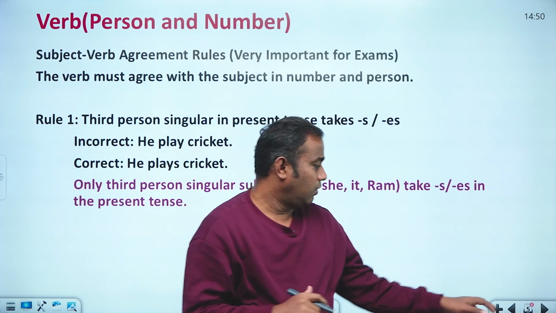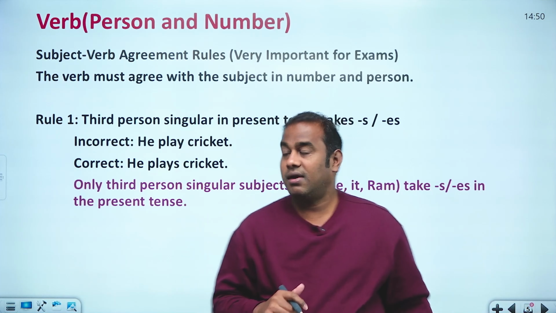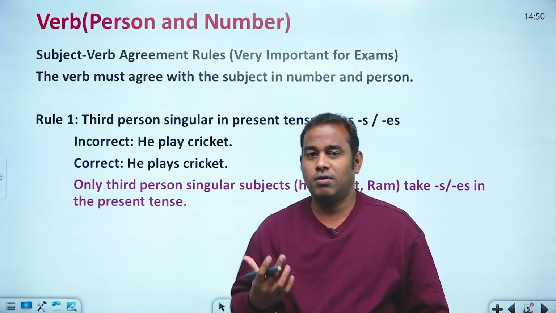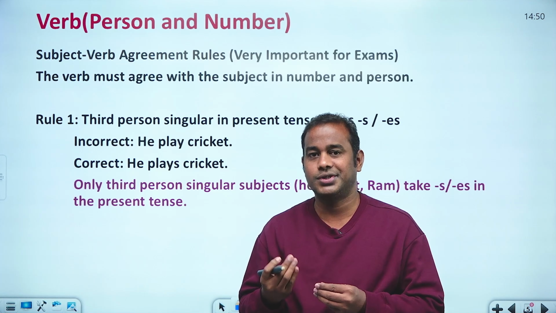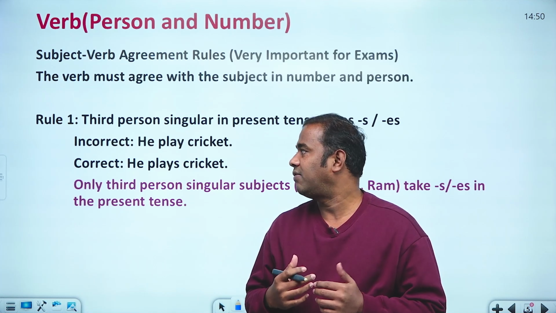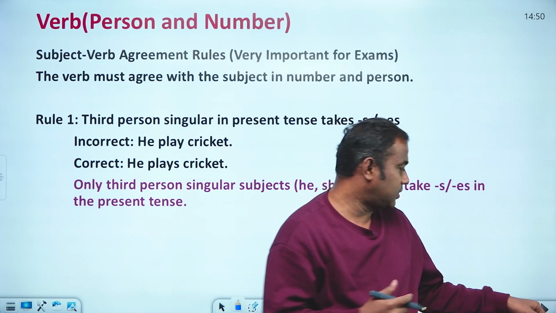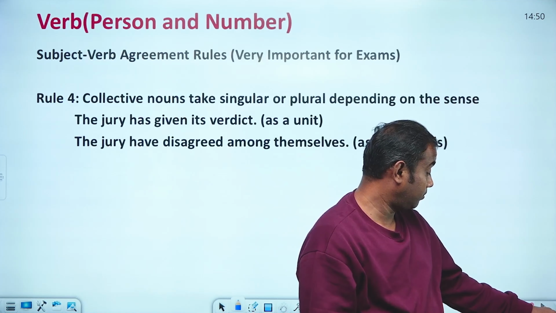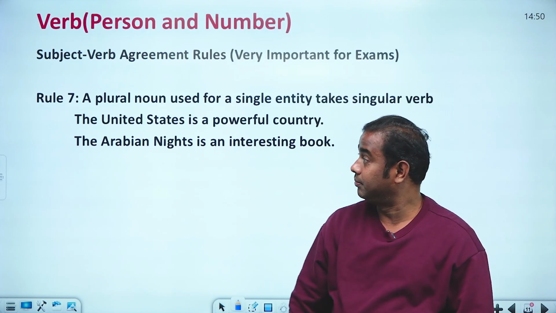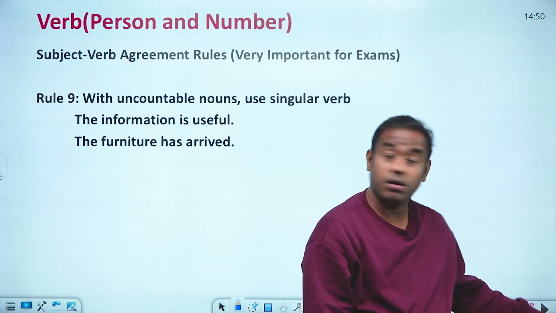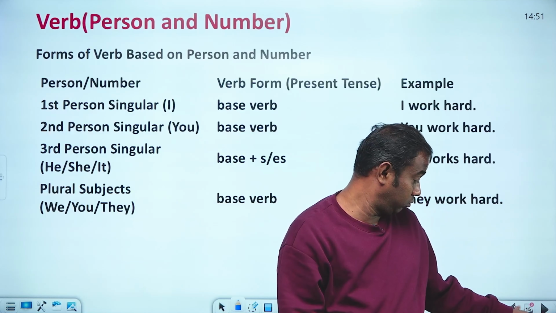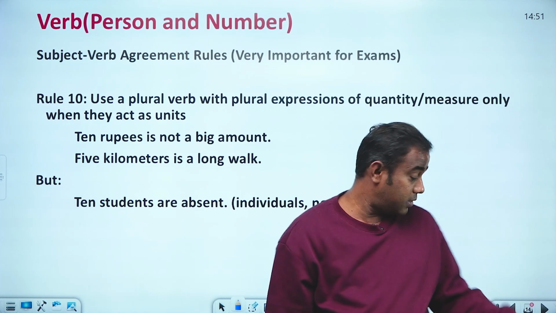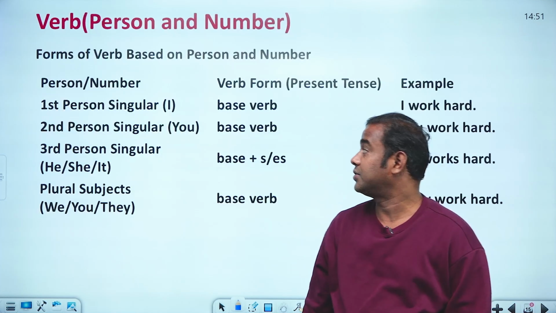If you look at the options here, I have listed out some rules and regulations, not so many here, for convenience's sake. There are something like at least 10 or 11 rules and regulations here.